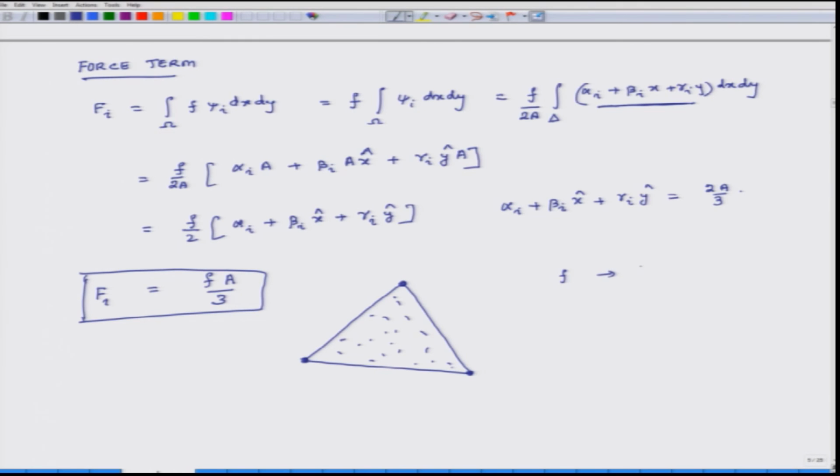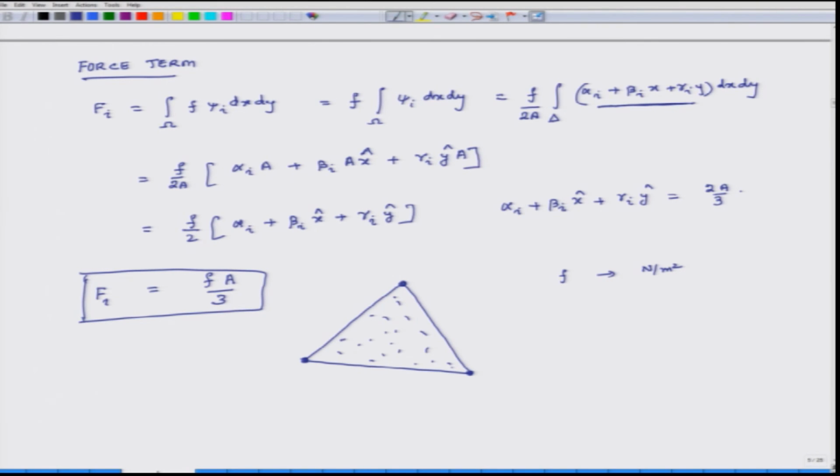So, its units are what? If it is force, then it will be Newton per square meter. In other problems, for instance in case of diffusion, it will be somewhat different, but if we are talking about mechanics, then it is force per unit area.